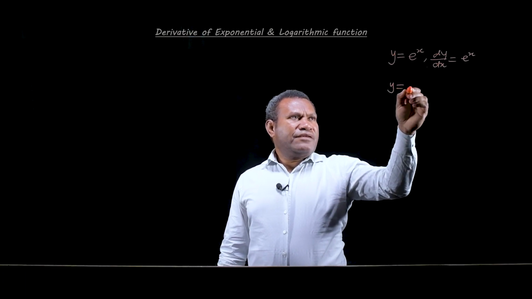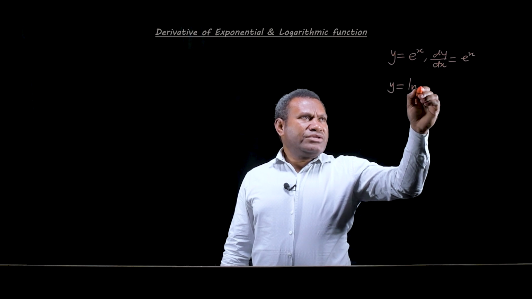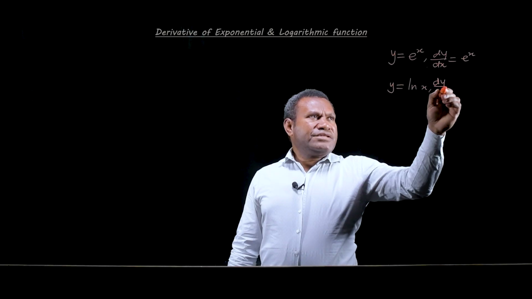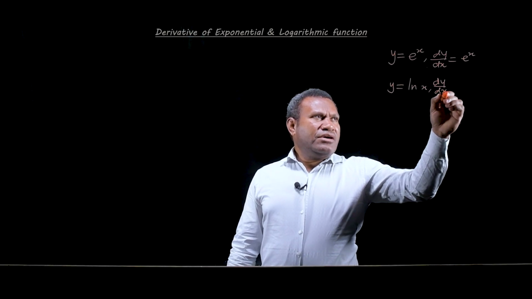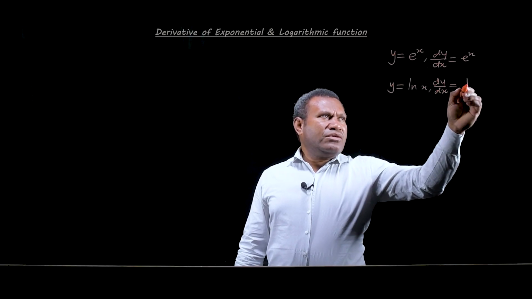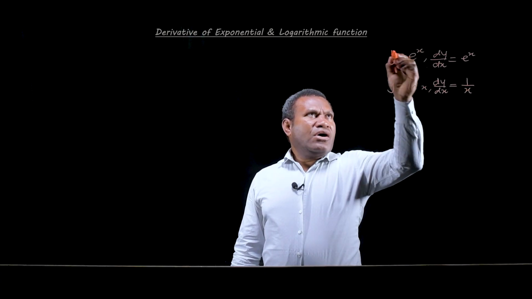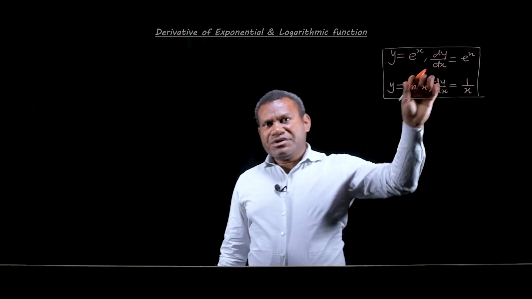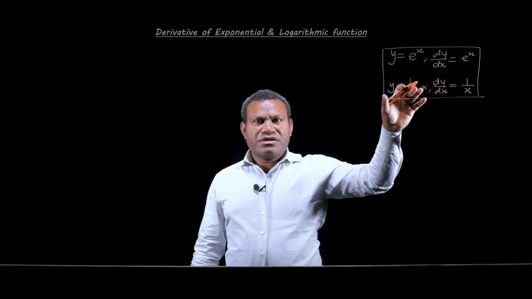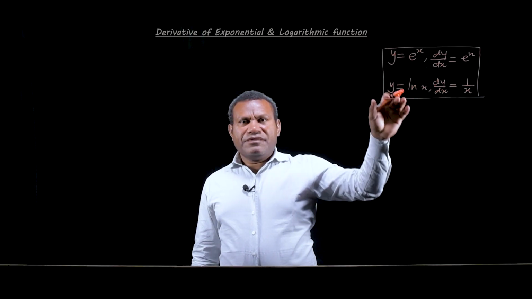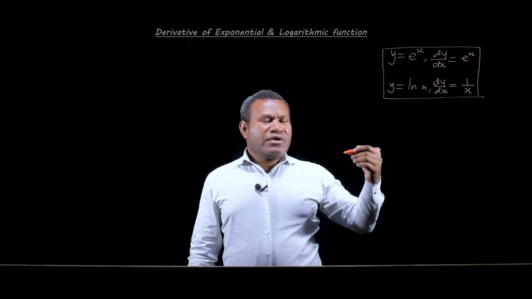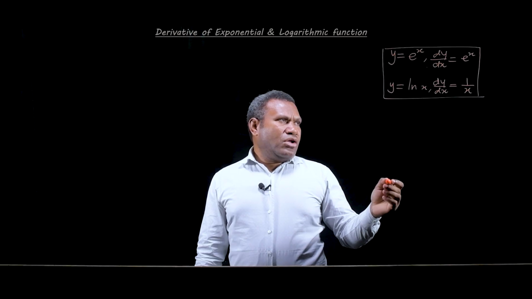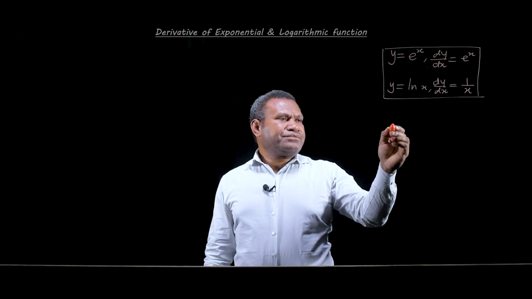If I have ln, or natural log of x, then the derivative dy over dx will be equal to 1 over x. I'd like you to remember this standard result because we'll be using it to find the derivative of some composite functions that involve exponential and logarithmic functions.